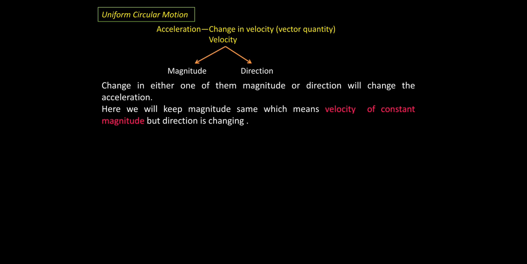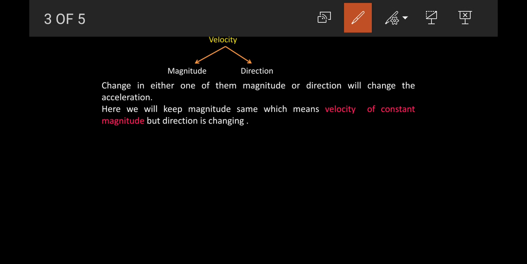Let's say a body is always moving with 10 meters per second, and now we are changing direction. How are we changing direction? Let's say a boy is moving on a rectangular track.